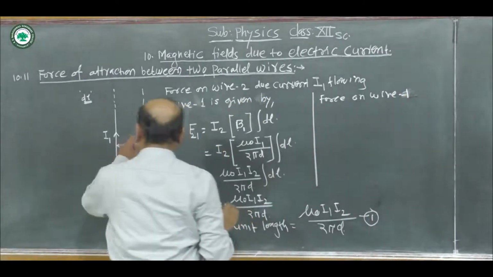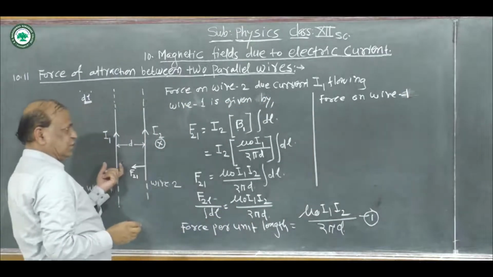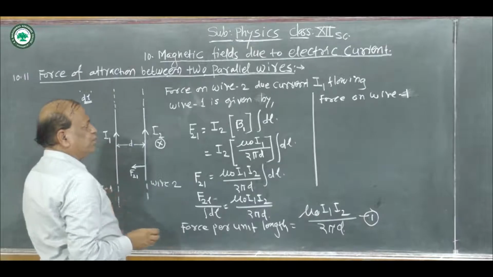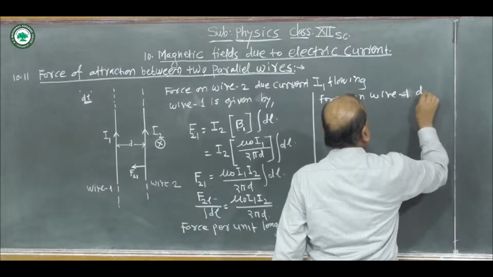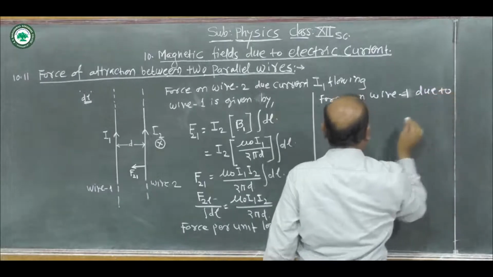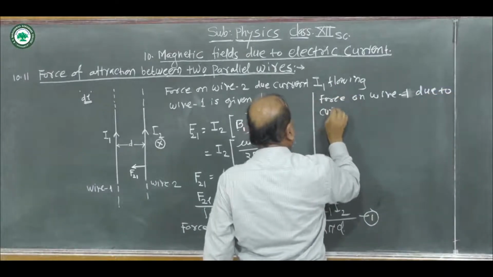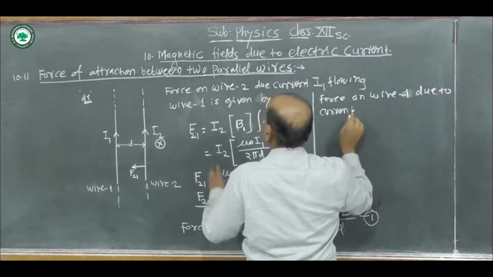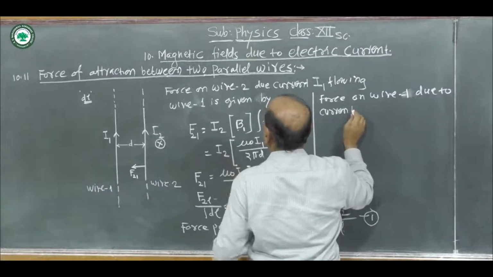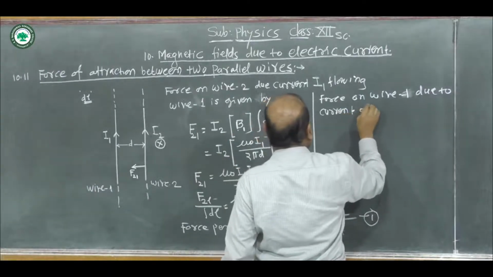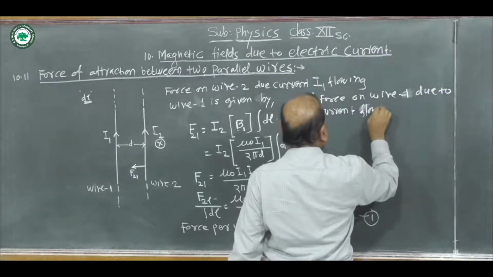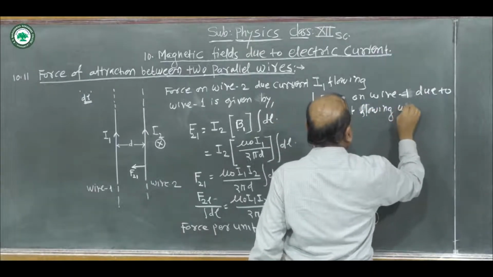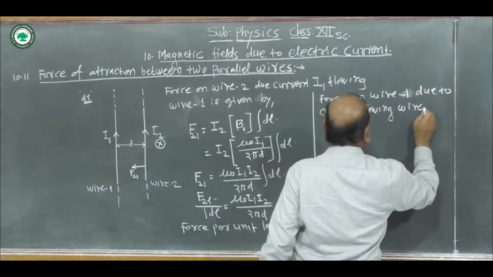Now here we find the force on wire 1 due to the current flowing in wire 2.